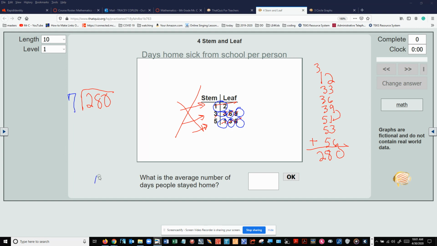So let's say that I had 100, I had a 90, I had an 80. And when I add those all together, I have 270. Then I'm going to divide that by 3.